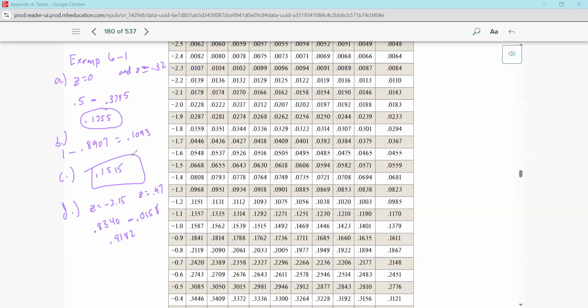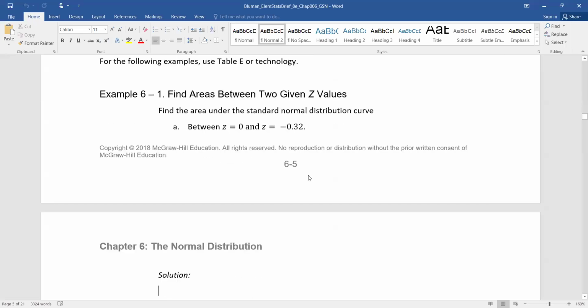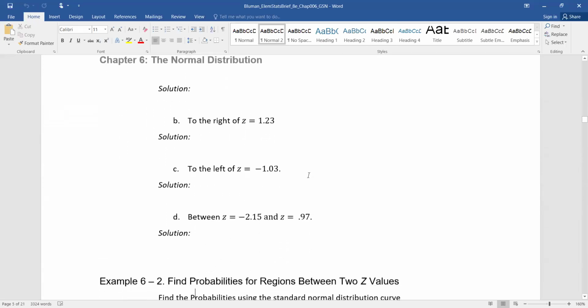All right? So that's how you do example 6.1. So let me jump back to the notes. We did that together. We've done this one together as well.